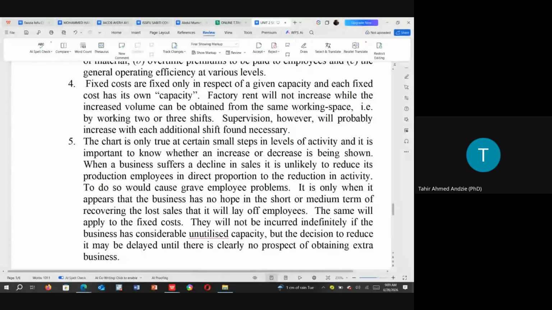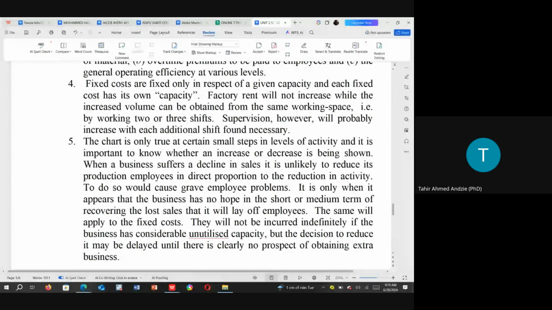If there's a reduction in output, the variable costs we are incurring might not necessarily change in direct proportion. Because, for example, if the company has employed workers and the workers are already working, if the sales decline, it is not that really there and then the company is going to lay off workers.